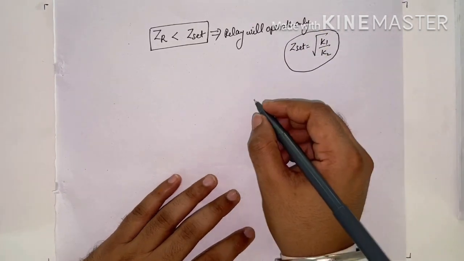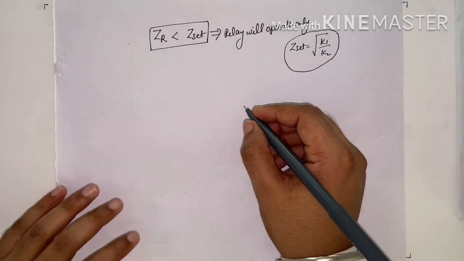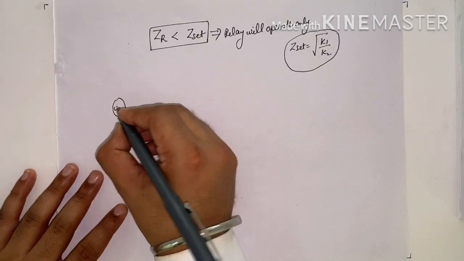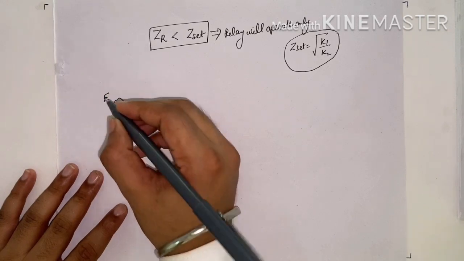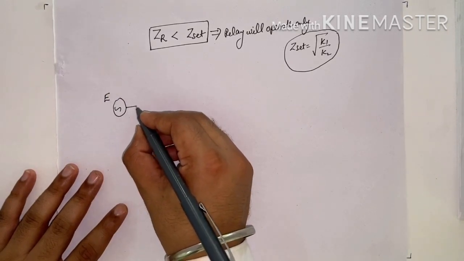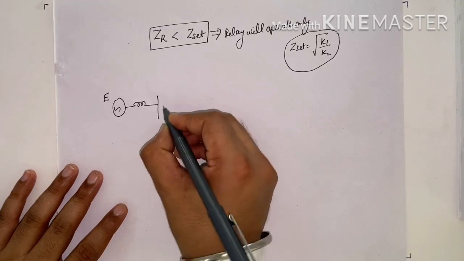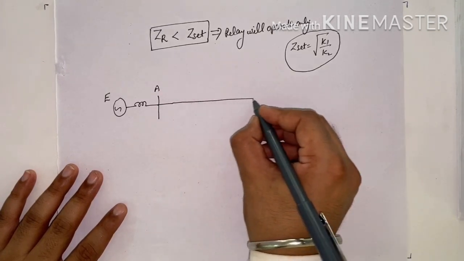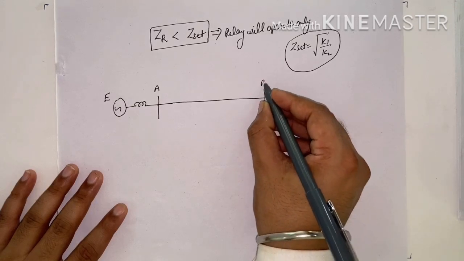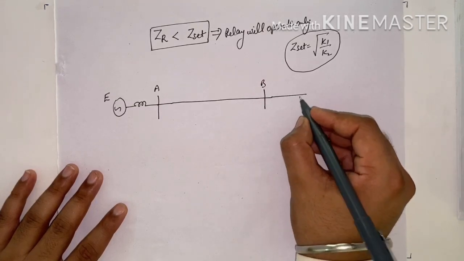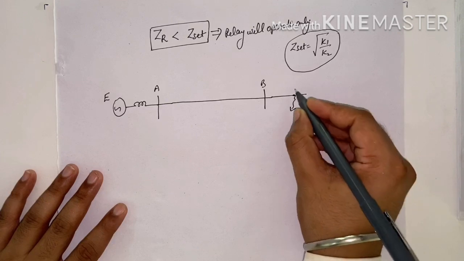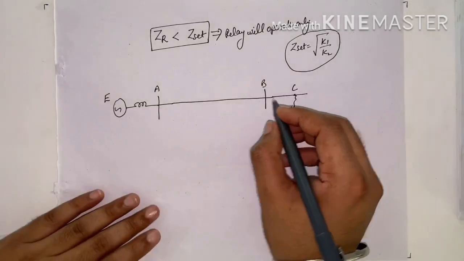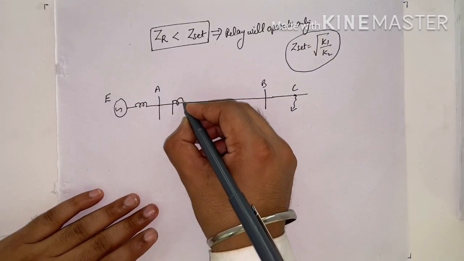Now we will understand this with the help of an example. Suppose we have a synchronous generator having voltage E, and here we have bus bar A and here bus bar B. Now we have a fault here at point C, and we have placed a relay.